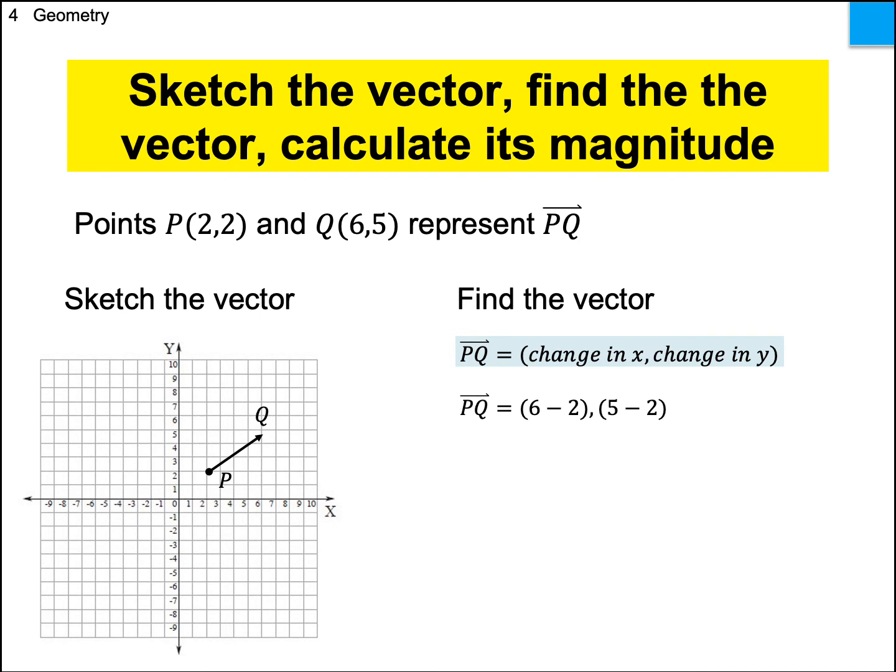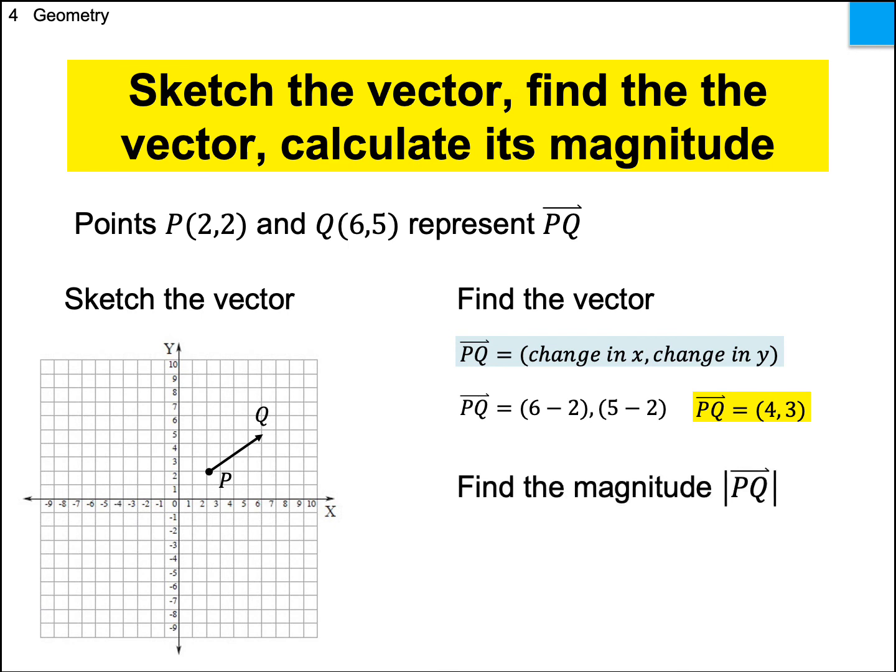Well, no. Remember, it's P to Q, not Q to P. Okay, 6 minus 2 is 4. 5 minus 2 is 3. So we get 4 comma 3. That was pretty easy. Now, if we reverse the order, Q to P, then you would get some negative values instead.